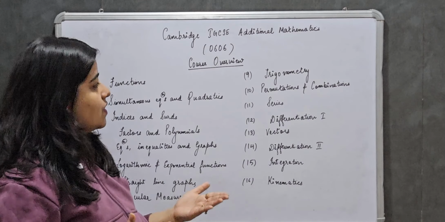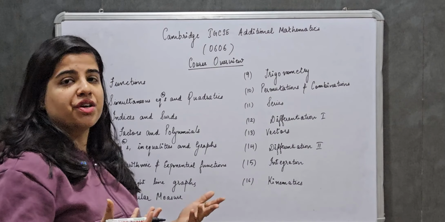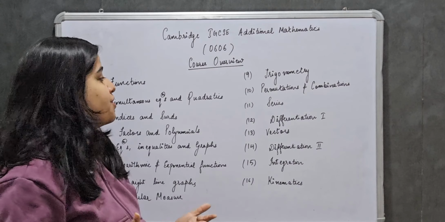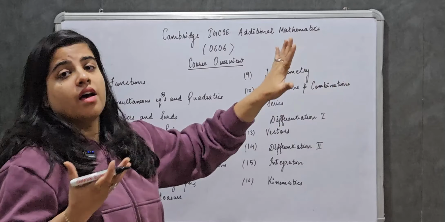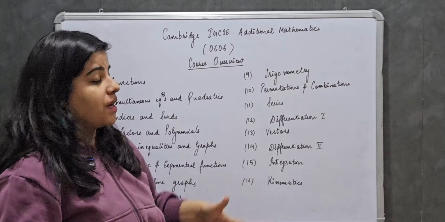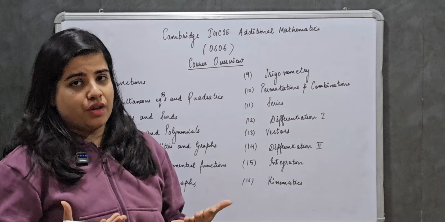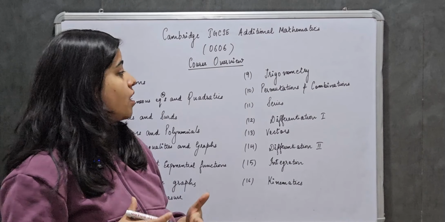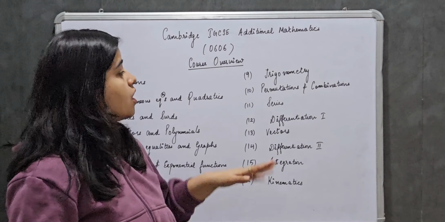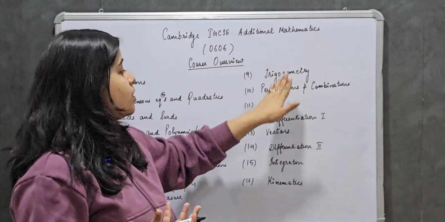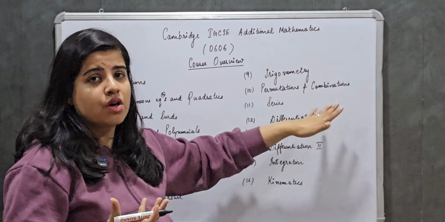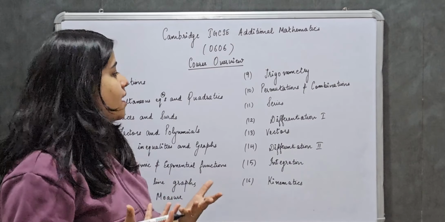We learn about degrees and radians and operations which are carried out in trigonometry. Our next topic is permutations and combinations. In this topic, we learn about what factorials are, how to take out the values of factorials, what permutations are and what combinations are, and what the difference between these two topics is.